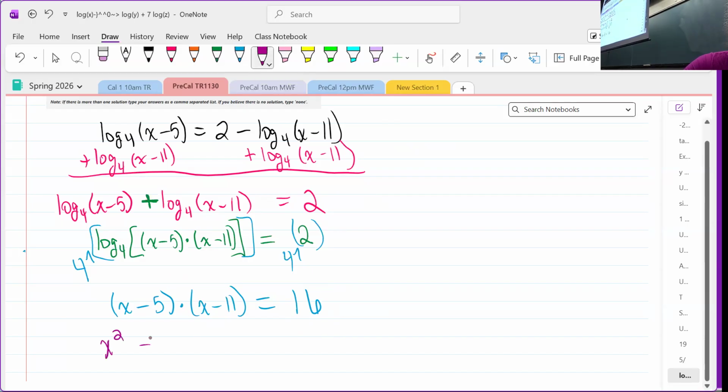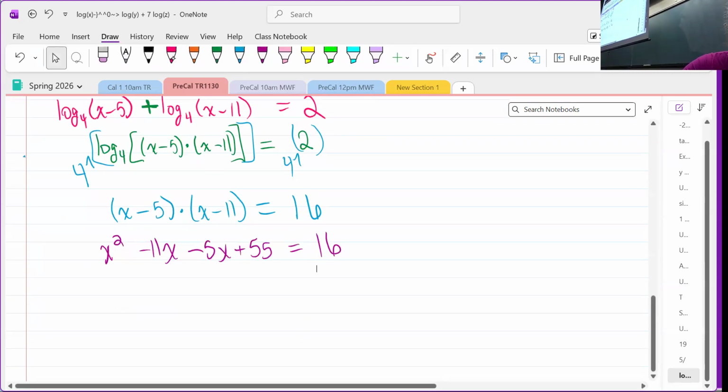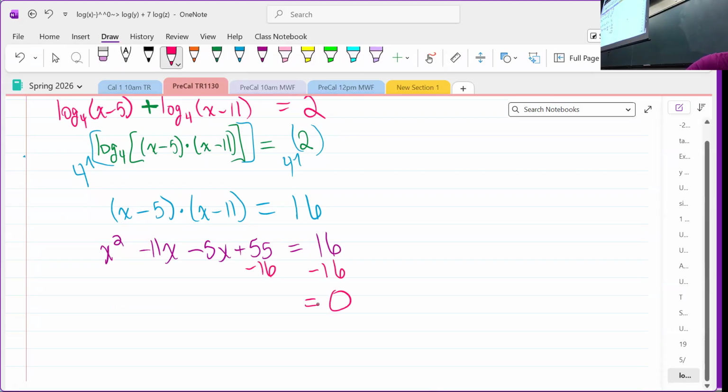So x squared minus 11x minus 5x plus 55 is equal to 16. And then we're going to subtract the 16 in. So now there is that 0 we need. So I have x squared, and a couple of like terms in the center, negative 16x.